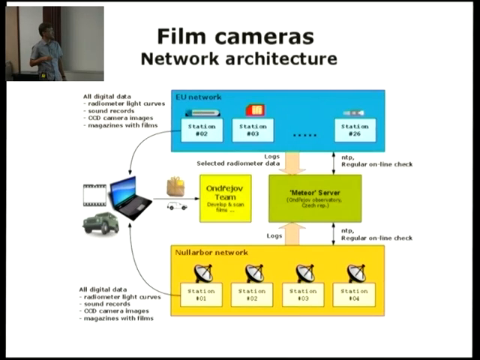In the European network, they have 1 magazine for each camera, so they come regularly to all the stations and change the exposed films with blank ones, and they do this in about a month cycle for all the cameras. In the Nullarbor network, there are 2 magazines for each camera, and one is in the camera and the other one is on the way to Perth.